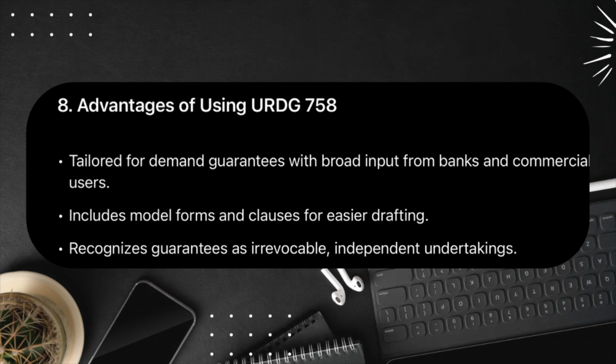This arrangement allows a broad range of experience from both bank and commercial users to be taken into account. In particular, the drafting group was able to consider and build on the operation of the previous version, URDG 458, which had been in effect since 1992.